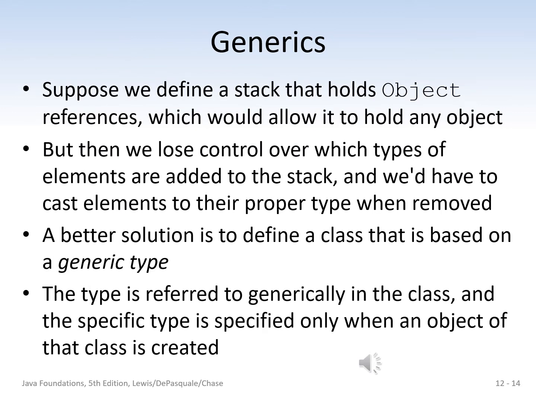So think about a scenario where we define a stack that holds object references. And by doing so, we can add any object to the stack as an element. However, what if we lose control over which types of elements are added to the stack, and then we'd have to cast elements to their proper type when removed?